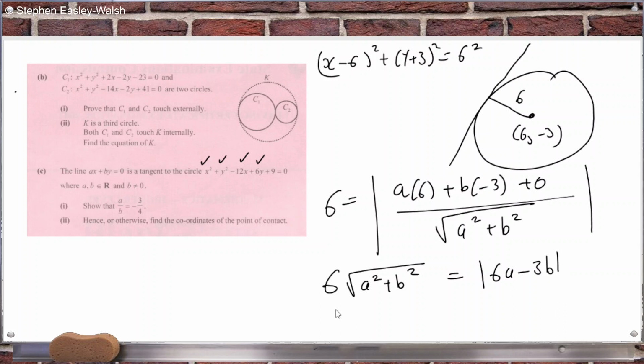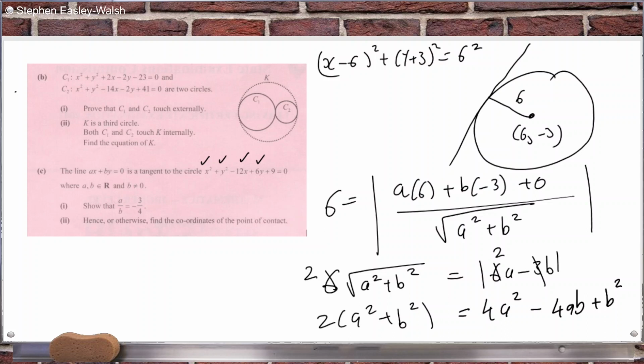And if I square everything, well, actually, maybe I'll divide by 3 first. And then I square everything. So that would be 4a² − 4ab + b². How is that going to get an a over b? I take everything to the left, 4a², that's 2a², minus 4ab, and then b² minus 2b² is minus b² equals 0.